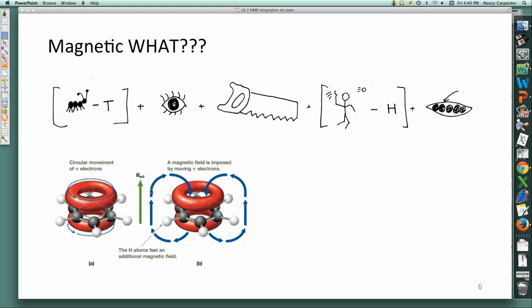The internal magnetic field is aligned such that it reinforces the external magnetic field of the magnet. So those poor hydrogens on the outskirts of benzene are getting blasted by kind of a double dose of magnetic field.